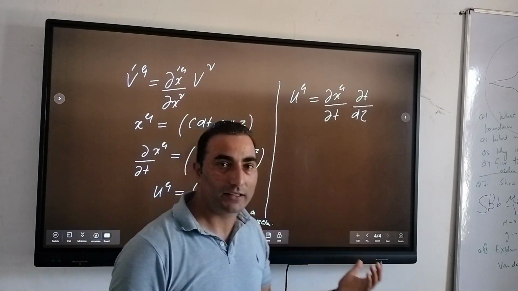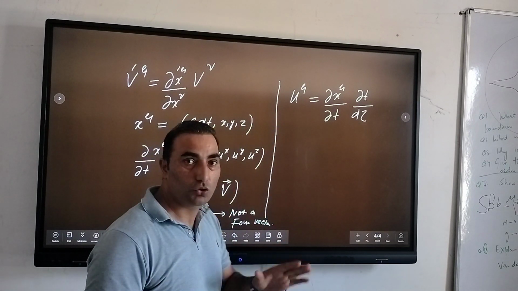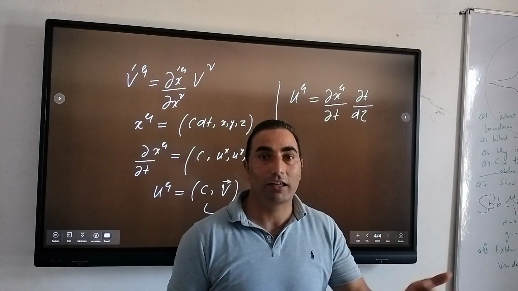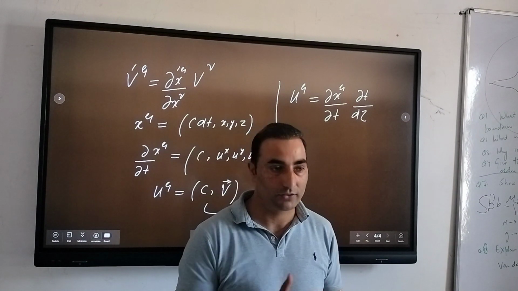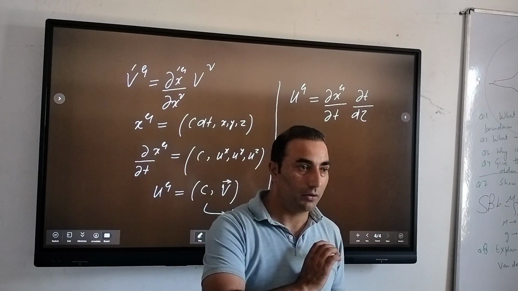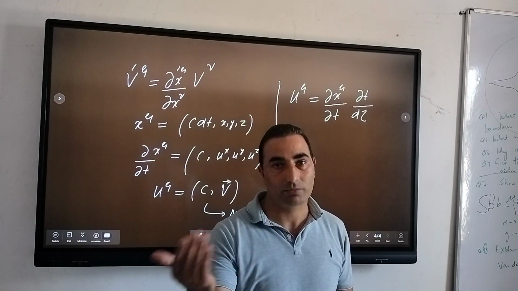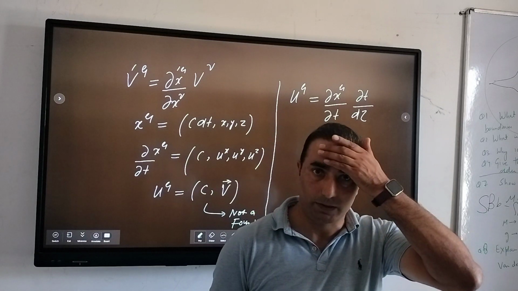In general, a vector should transform so that the value of c remains invariant if you go from one frame to another. So it should transform like those Lorentz transformation equations. If we make a translation along x, we have x prime equal to gamma into x minus vt, and similarly for time, you have that gamma factor, the Lorentz factor.